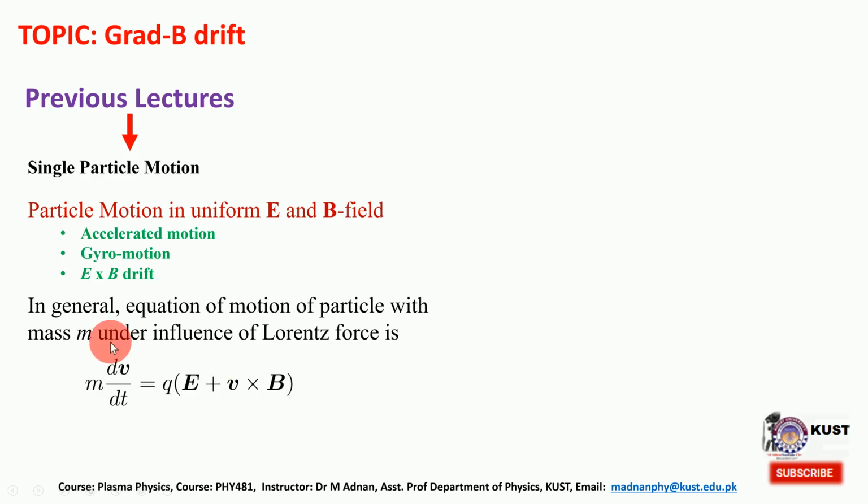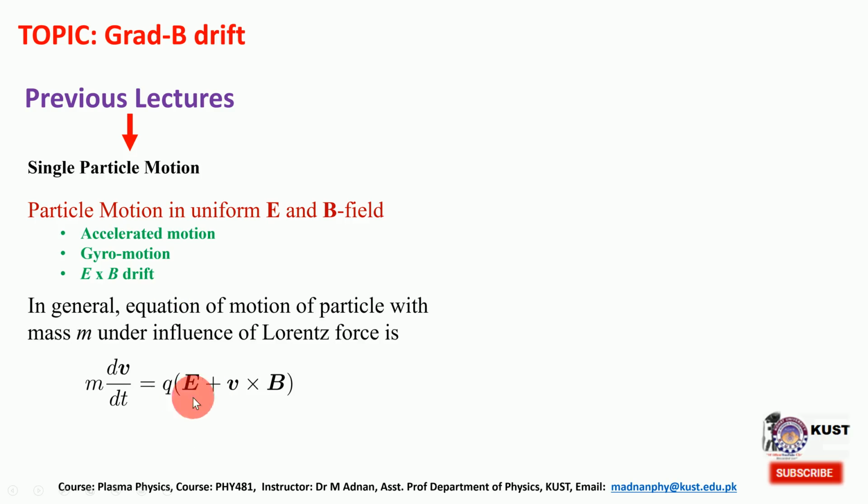We have solved the equation of motion for that single charged particle, and there we have discussed the situation once B is 0, so there will be only a force QE so that it will be accelerated. And also we have discussed the situation when only B field is there, that is E is 0, so that it will experience a QV cross B force, and that will give rise to the gyro motion.